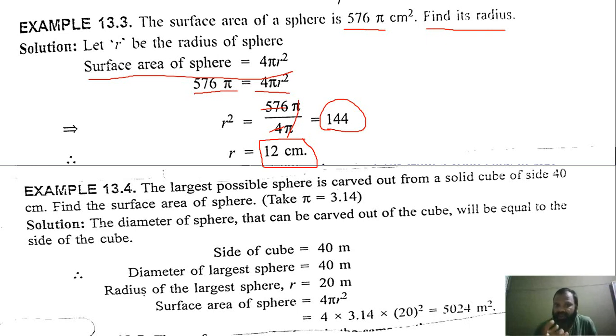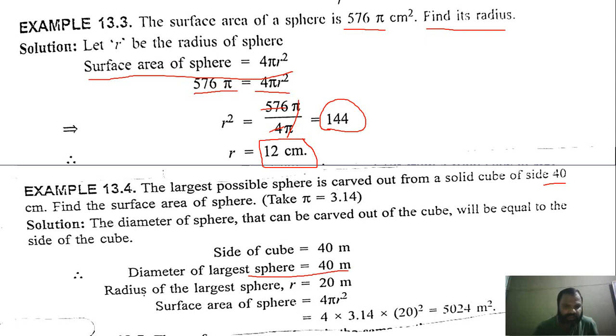So the edge of the cube is the diameter of the sphere, and the side of the cube is 40 centimeter. So the diameter of the sphere is 40 centimeter. Okay, the largest sphere touches the upper and bottom also.